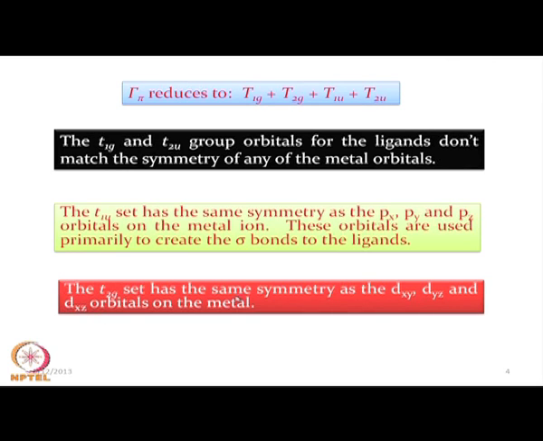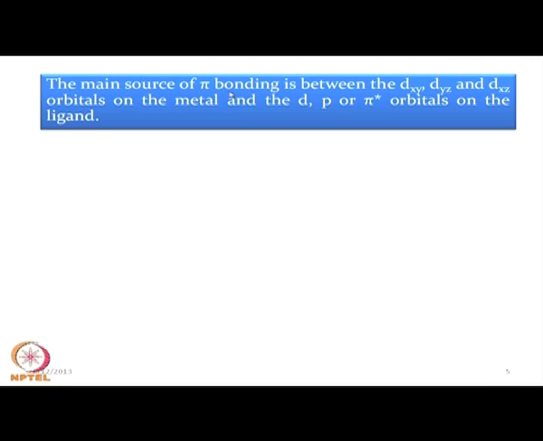So, the T2g set has therefore the symmetry of dxy, dyz and dxz orbitals on the metal ion. Therefore, the main source of pi bonding is between the dxy, dyz and dxz orbitals on the metal and the d or pi star orbitals on the ligand.